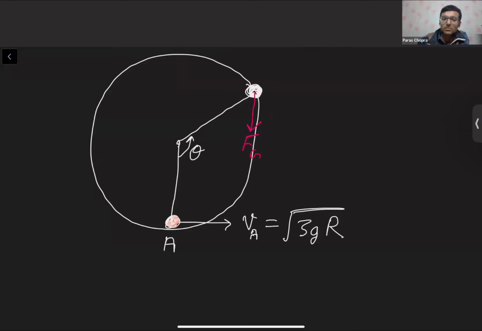So what will be the component of gravity along the center's direction? ये वाला एंगल होगा 180 माइनस थीटा and gravity का component along the center will be Fg cos of 180 minus theta.